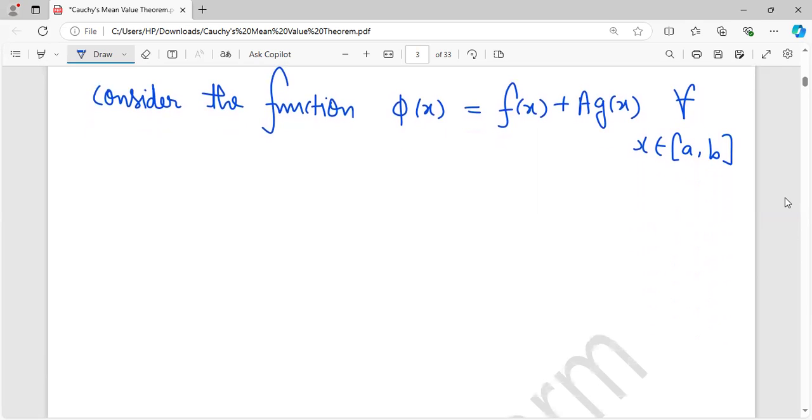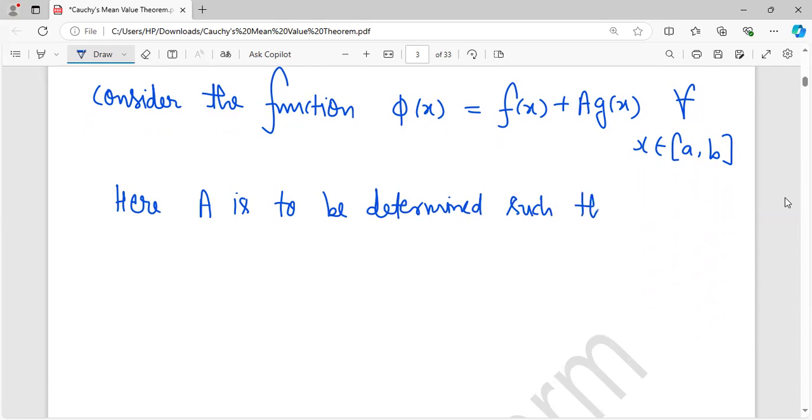Here a is to be determined such that phi(a) is equal to phi(b). So let's determine what is a.